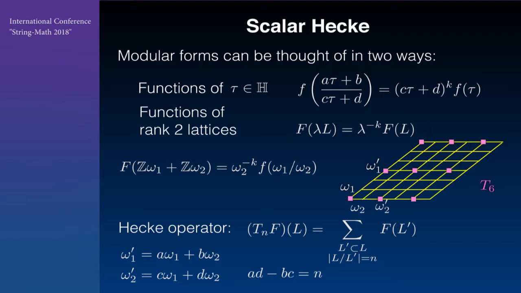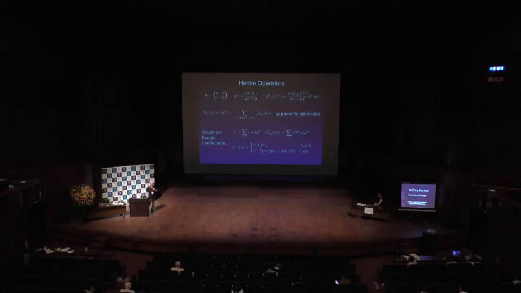So we can think of summing over 2 by 2 matrices of integers with determinant n and looking at the action of those. So that gives us a definition of Hecke operators acting on functions of tau.